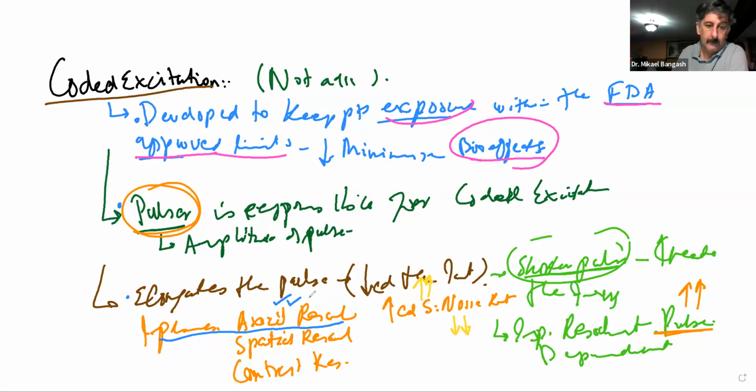Clear? Your spatial resolution is going to be improved. Then last was contrast resolution, and it is also going to improve, because we increase your signal to noise ratio. Why? Mainly because it was the pulser that took care of, or was responsible for, developing this technology.